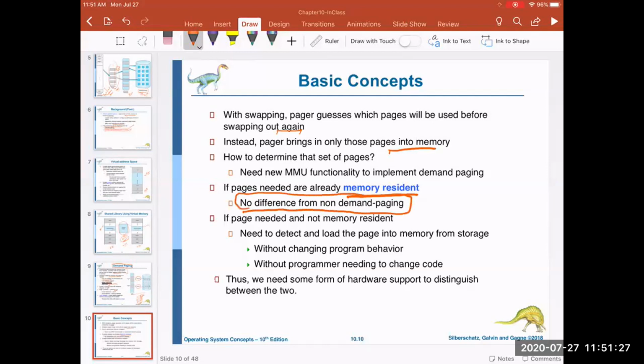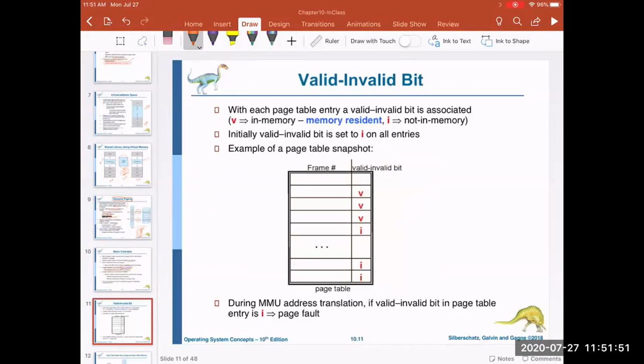Non-demand paging means everything that is needed is already in our RAM, and we do not require any demand for more pages. Every page is already there, so there is no request for a new page, and those are called memory residents. How this magic is run is by using the valid-invalid bit.